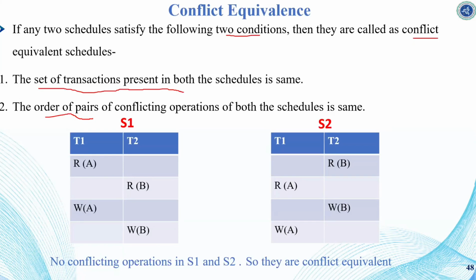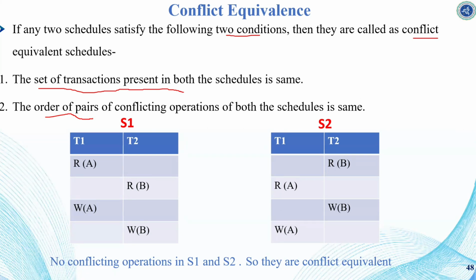Okay. So what is the case of these two schedules? Here this is not a conflict because both are different objects. Here this is reading A, this is reading B. When considering this and this, here also that is not a conflict. This is also not a conflict, right? Because this is writing A and this is writing B. So it is not a conflicting operation.